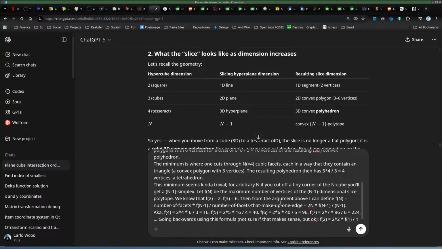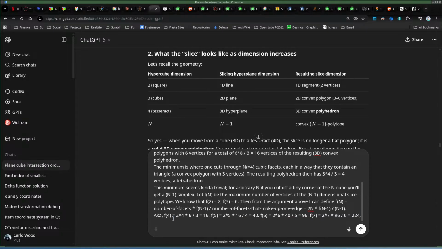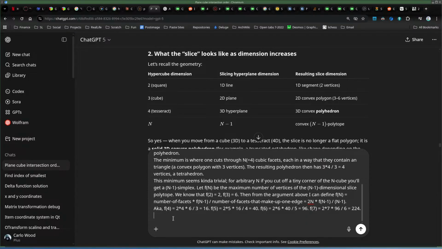So divided by 1 then. From which follows that F1 is... F2 was 2. F1 is a half. Damn it. Seriously? Nope, going back does not make any sense. Therefore, it is not precisely one of those sequences.